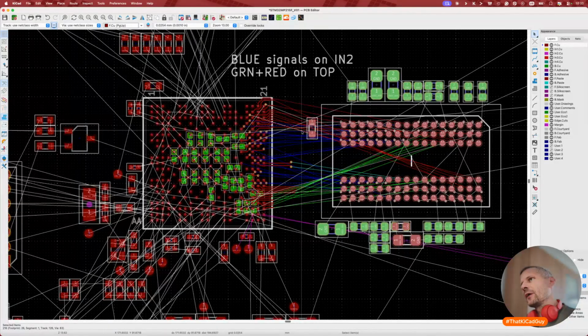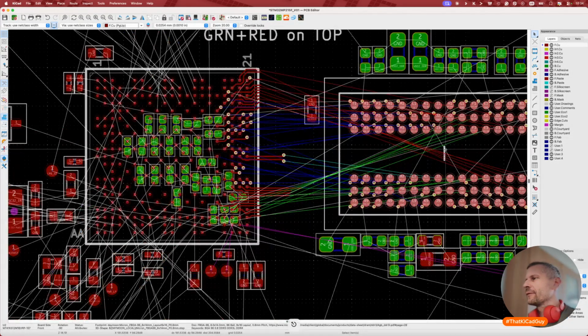The reds should be routed in the gap, and the greens around the module. I don't know. But yeah, I can delete this.